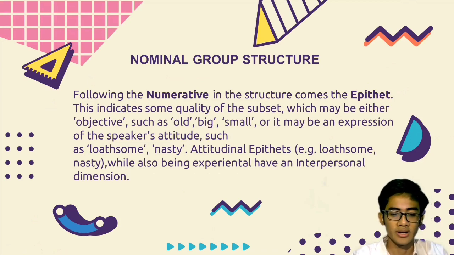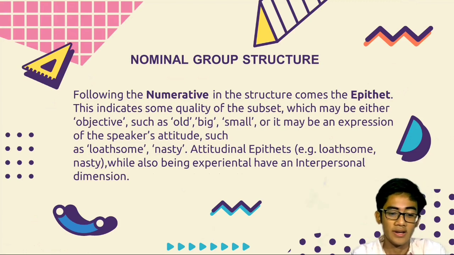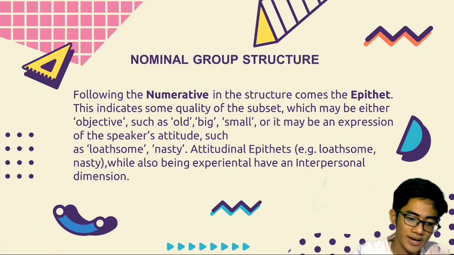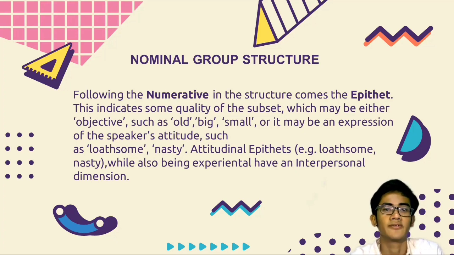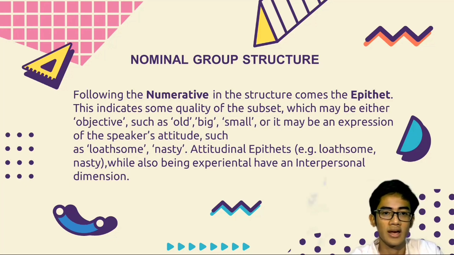Following the numerative in the structure comes the epithet. This indicates some quality of the subset, which may be either objective, such as old, big, small, or an expression of speaker attitude, such as loathsome and nasty. So epithet is like an adjective. An adjective in a nominal group is called an epithet. It indicates the characteristic, the trait, the attribute of the thing. For example, a venomous snake, a green snake, a big snake, a long snake.